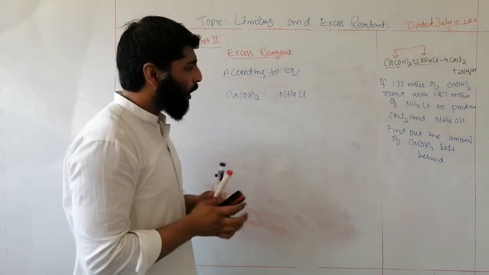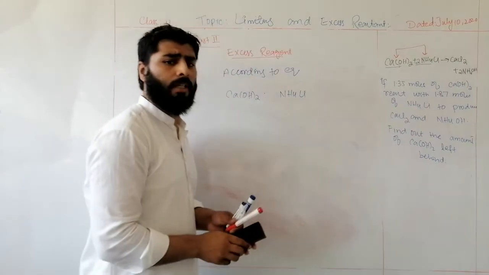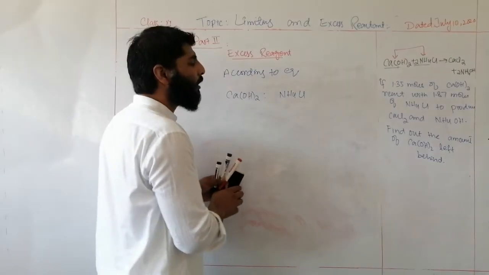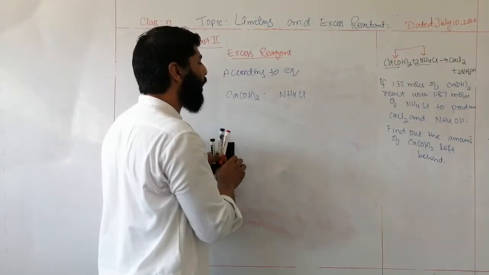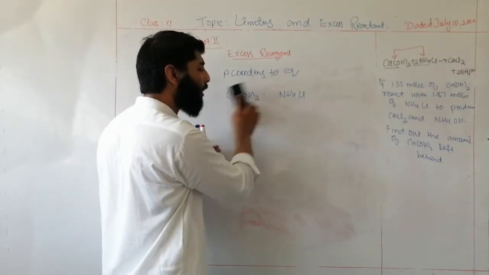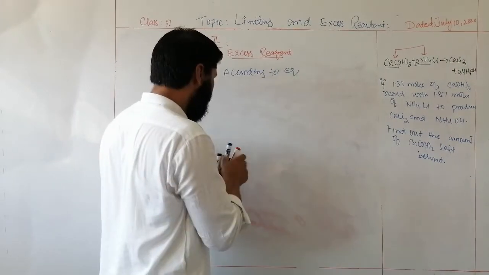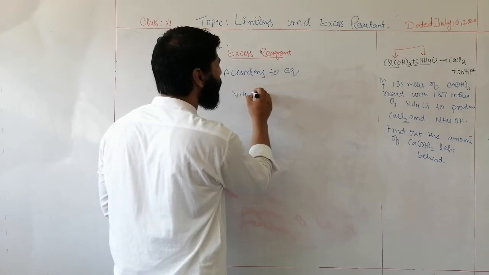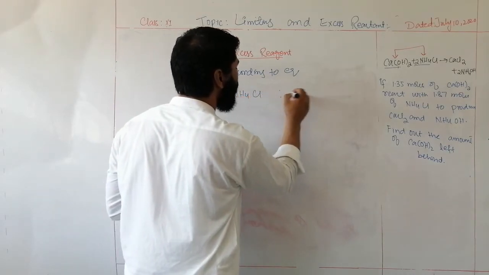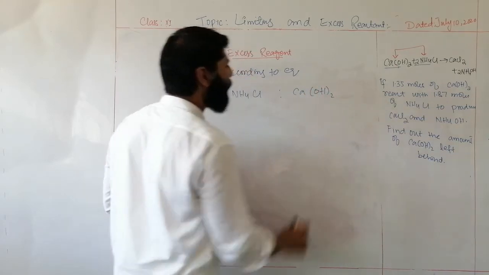As you have to find the excess amount of calcium hydroxide, you have to compare ammonium chloride with calcium hydroxide, and you have to write ammonium chloride first. So you will write it as ammonium chloride ratio calcium hydroxide.